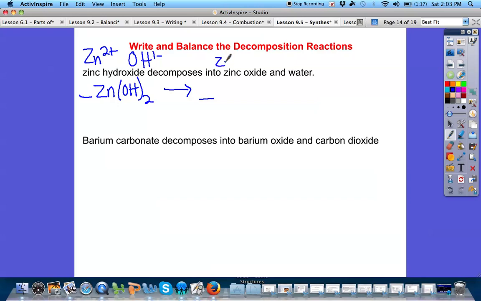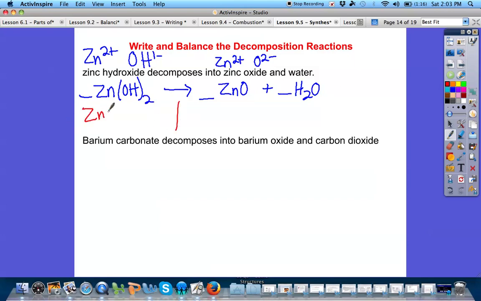So again, zinc is a 2+. And oxygen is going to be a 2-. So crisscross those, ZnO, and then we have water for our second product. So then we just need to balance this out.